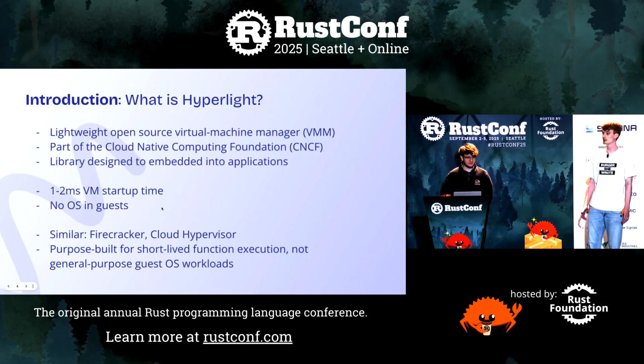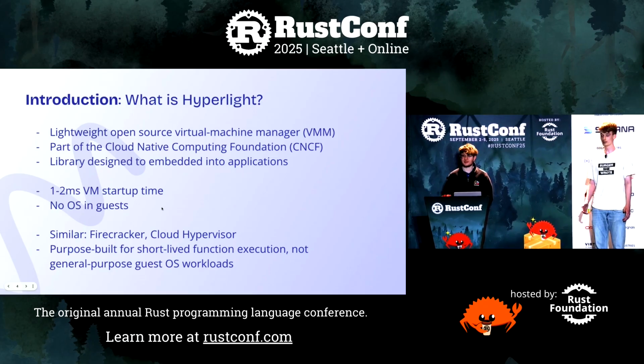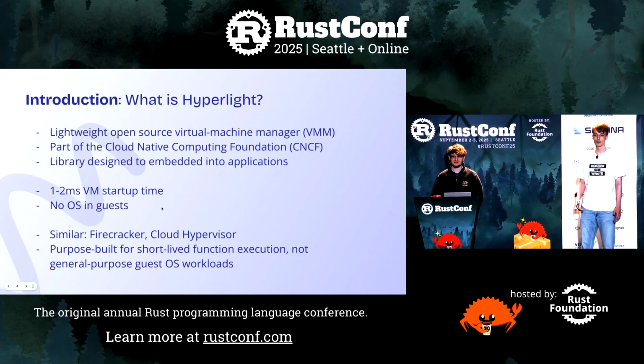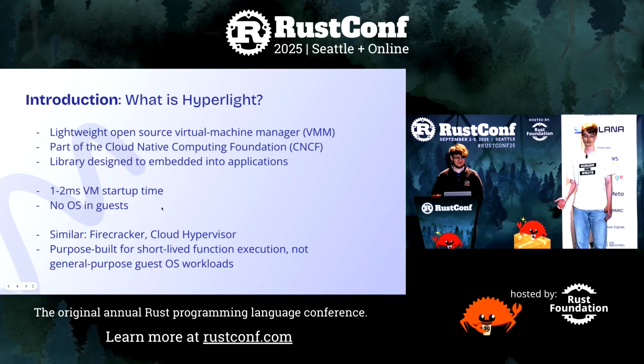What makes Hyperlight special is its speed. A Hyperlight VM only takes about 1 to 2 milliseconds to create, from cold start to up and running. This is done because inside the Hyperlight VM, we don't run any traditional operating system, which completely eliminates any boot time.